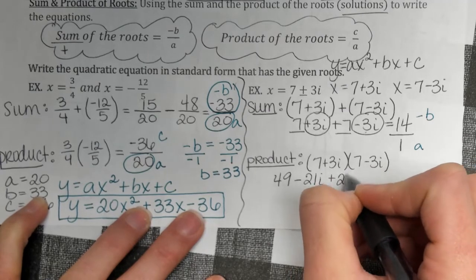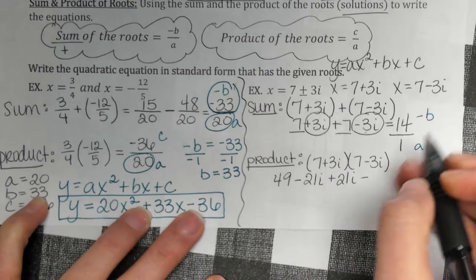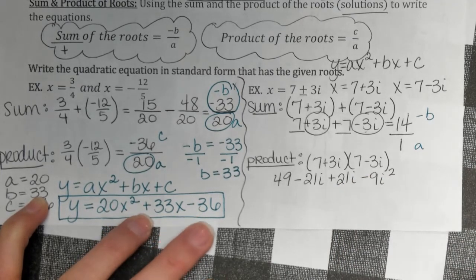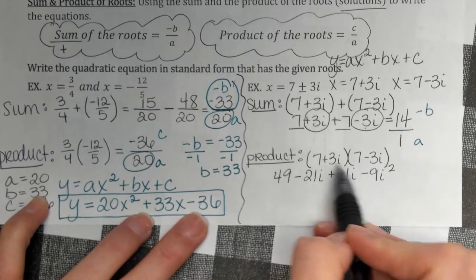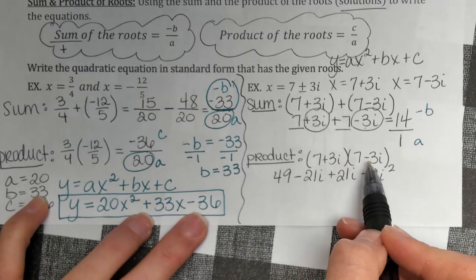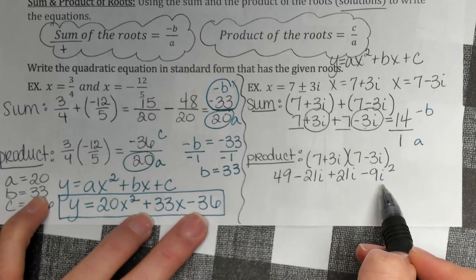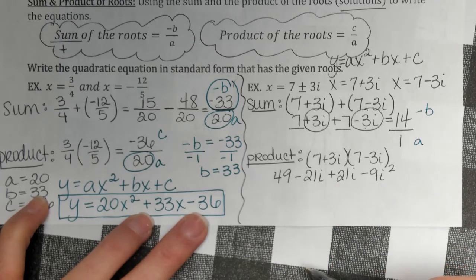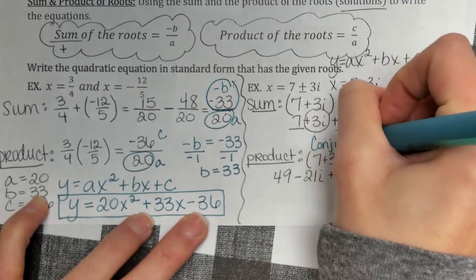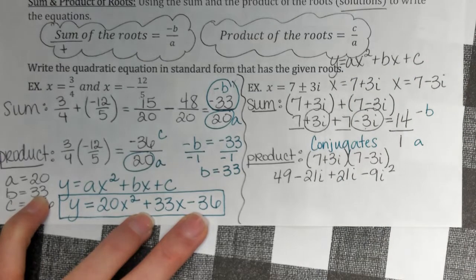Plus 21i minus 9i squared. Y'all recognize what happens here? Did we have to FOIL that? Why not? They're conjugates. Does anybody recognize that? Okay, they're conjugates, so you shouldn't have to FOIL that.